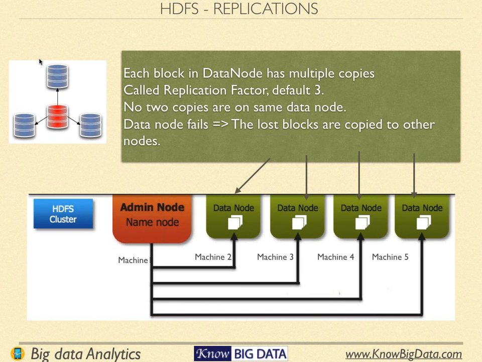All right. In case a particular data node fails, the lost blocks are copied to other nodes. Now, what does it mean by blocks? Let's say data node 1 went down. When a data node goes down, there will be some copies of blocks that have been lost. Now, the total number of copies left will be 2, right, for each block, because one copy is lost in this particular system.